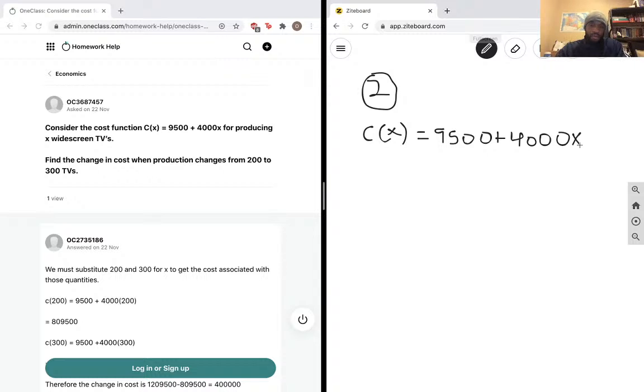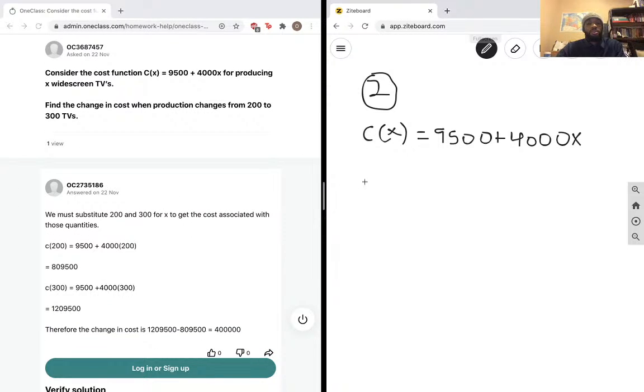And so we're trying to find the change in cost when production changes from 200 to 300. So basically what we're going to do is sub in 200 for x, like our tutor did. And that gives you 809,500.